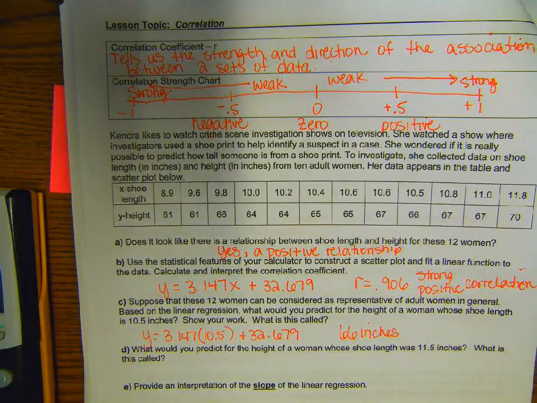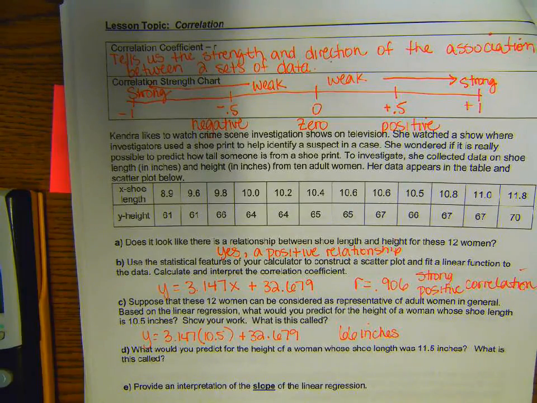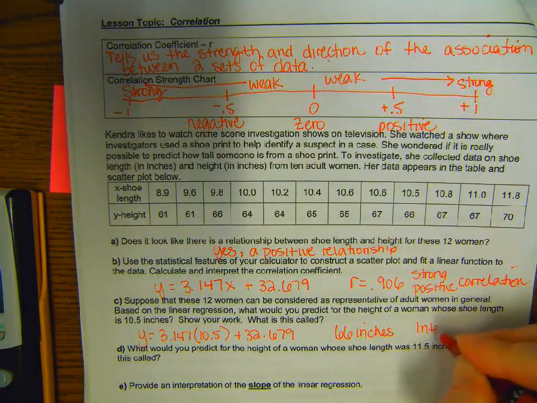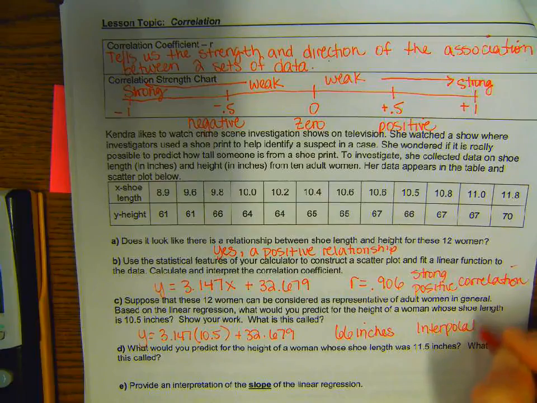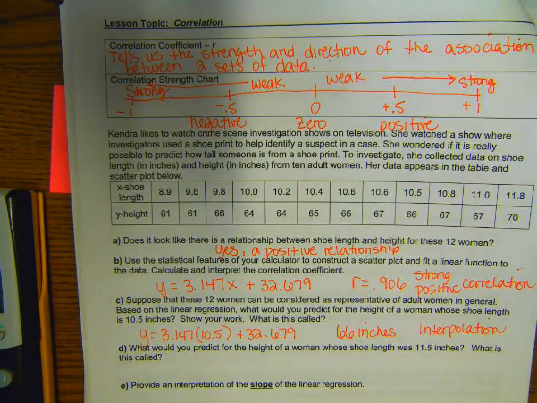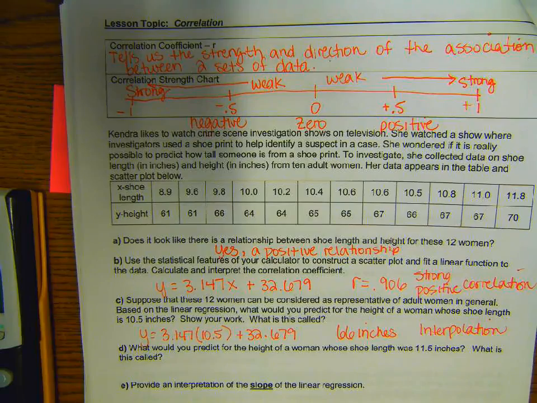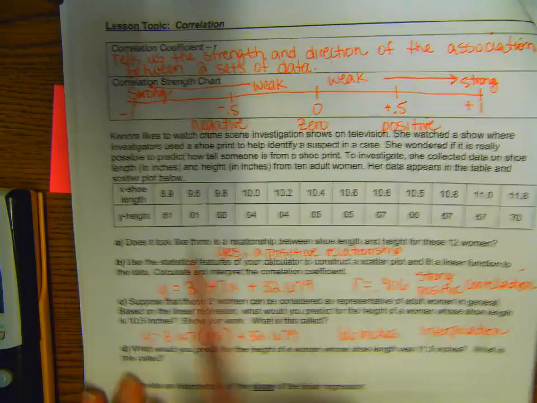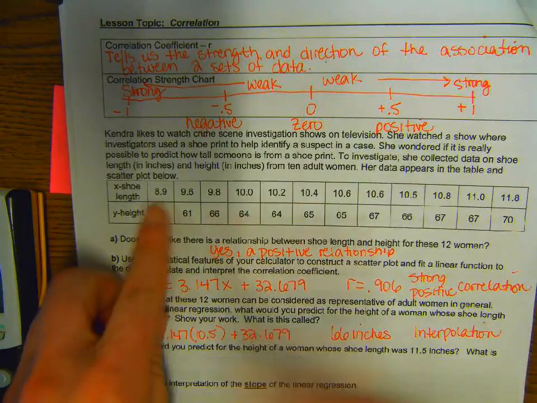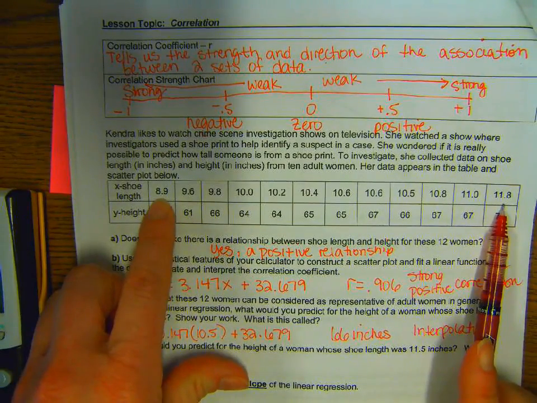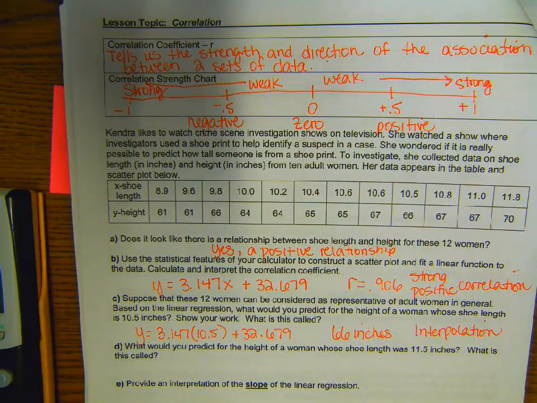What is this called? Is it interpolation or extrapolation? Can somebody explain to me why? Yep, 10.5 would fall in the range in between 8.9 and 11.8 in the data set. Good. All right.